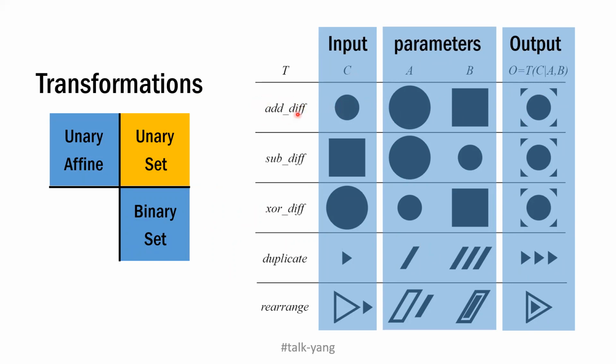For example, let's say the first transformation here, add-diff. We first subtract A from B to get the difference between A and B, and then we add that difference onto C. That's how we get the answer here in the last column.